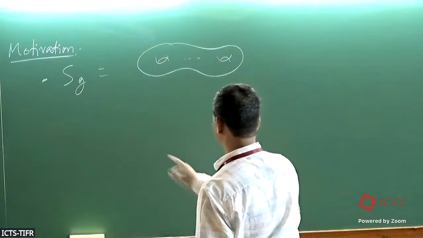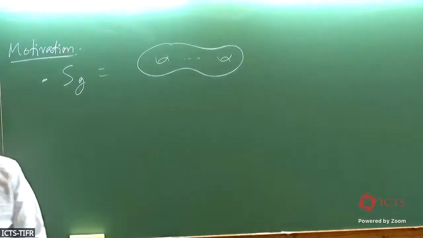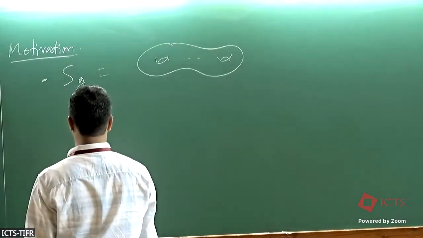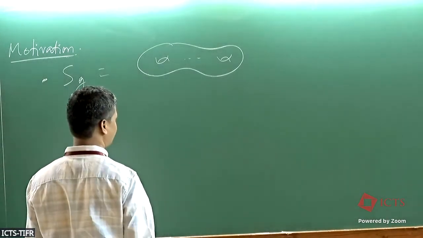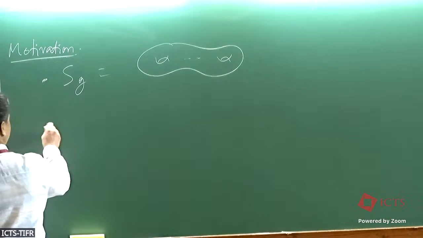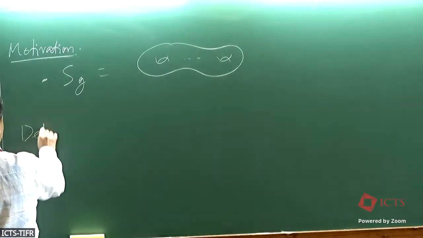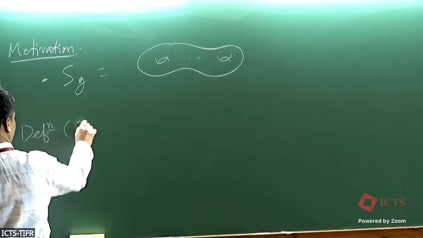So S_g is a closed and oriented topological surface of genus g. Closed means compact without boundary, and so we define filling.